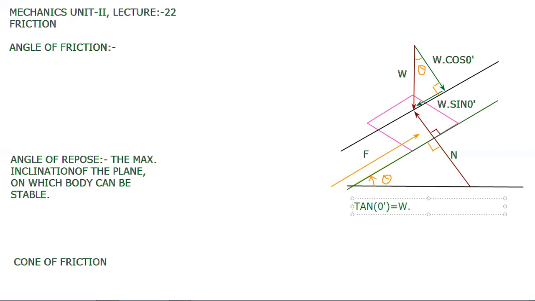W sine theta divided by W cos theta. From the upper triangle, we can write tan of theta is equal to opposite upon adjacent, which is W sine theta divided by W cos theta.